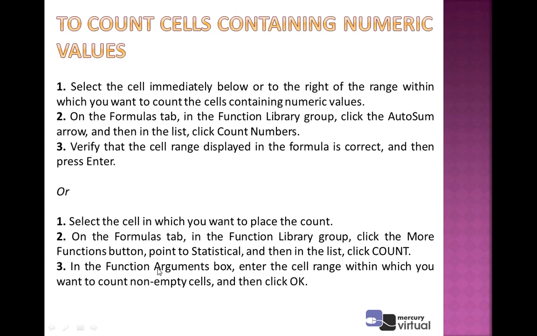In the Function Arguments box, enter the cell range within which you want to count non-empty cells and then click OK. So you have two options: either use the AutoSum arrow and choose Count Numbers, or go to the Statistical functions and click on COUNT. Now let's see it in a practical way.